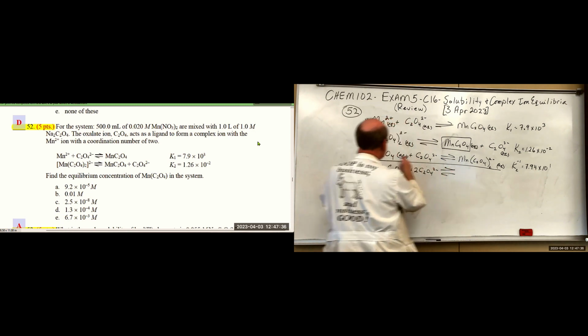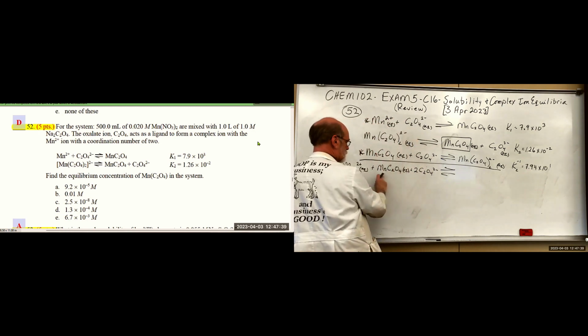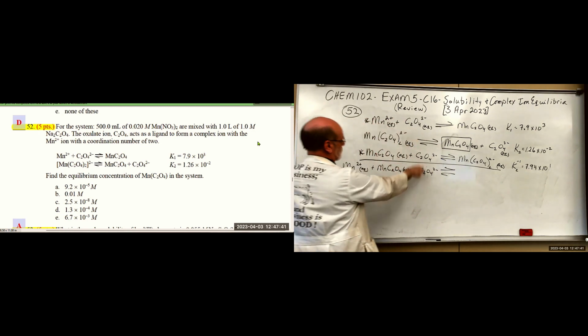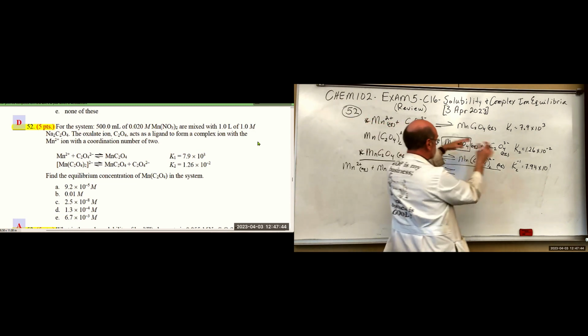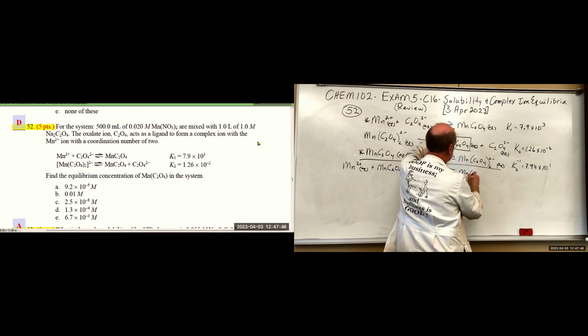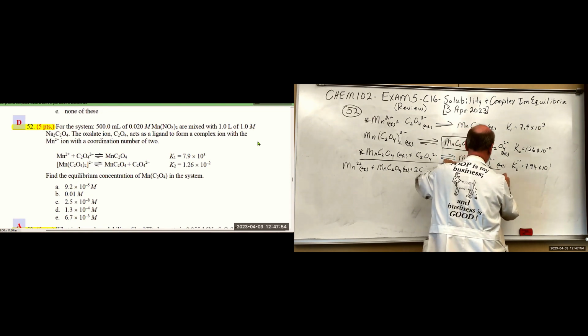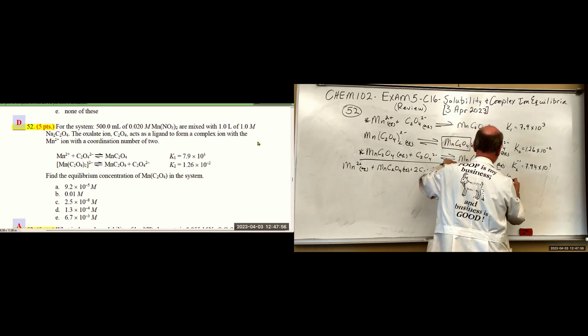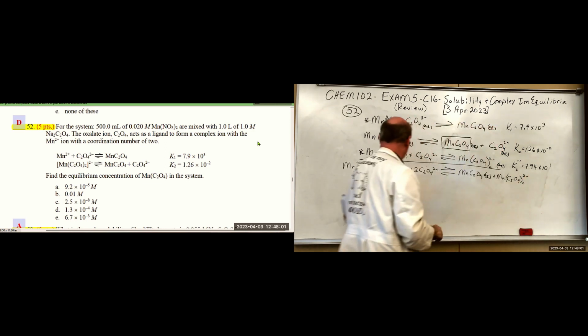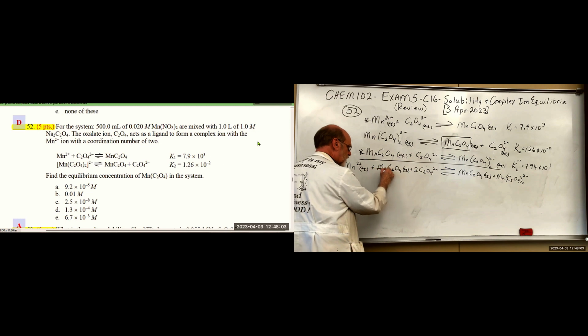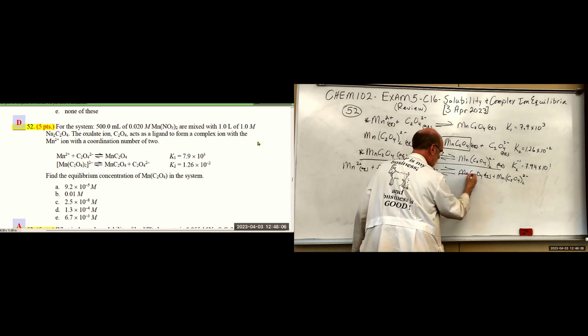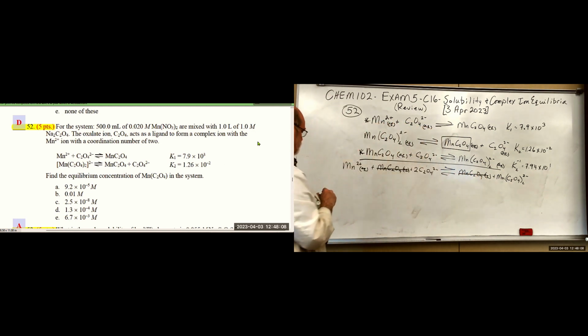Okay, that's on the left-hand side. 1, 2, 3, 4. 1, 2, 3, 4. And then on this side, we have this one, C2O4 aqueous, and we have MnC2O4 2 minus. Notice that we've got the same one here on both sides. So that's the overall equation.